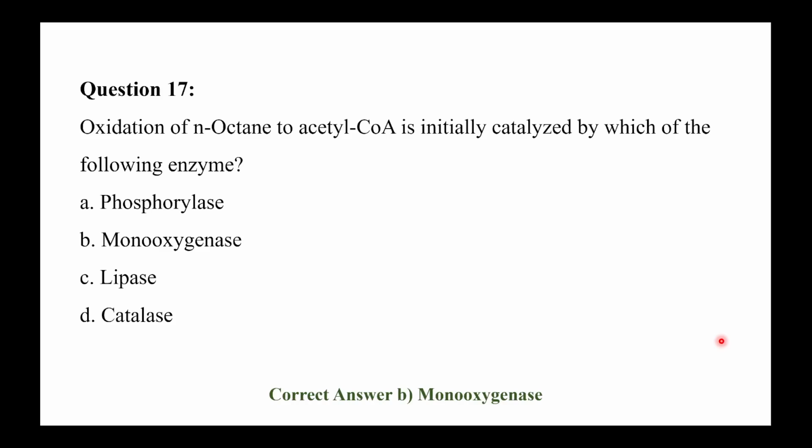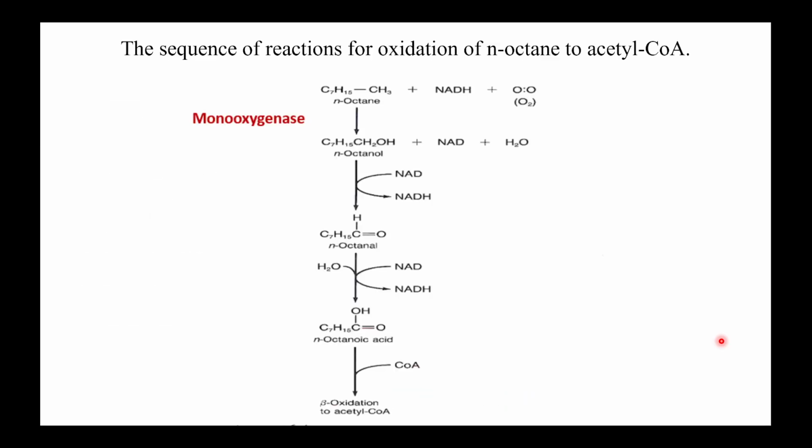By the name itself you can understand it, this enzyme can add one extra oxygen to the molecule, so it can actually add OH. So monooxygenase generally adds OH to the molecule. So N-octane, which is an alkane, will become N-octanol, an alcohol. Then from alcohol we get aldehyde and then carboxylic acid.